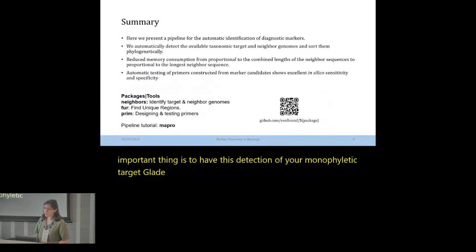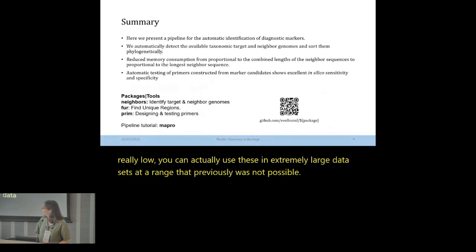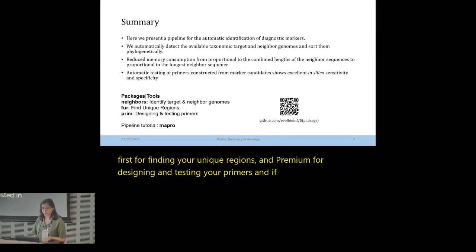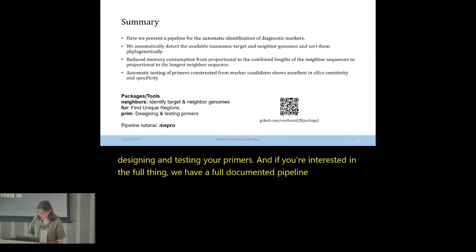And because the memory resources now are really low, you can actually use these on extremely large data sets at a range that previously was not possible. And this pipeline is composed of these 3 tools you find here: Neighbors for finding your targets and neighbors, FIR for finding your unique regions, and PRIM for designing and testing your primers. And if you're interested in the full thing, we have a fully documented pipeline called MapPro.